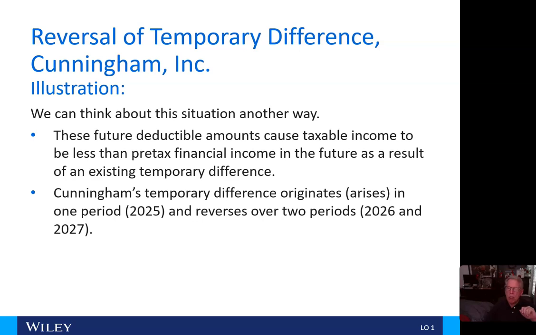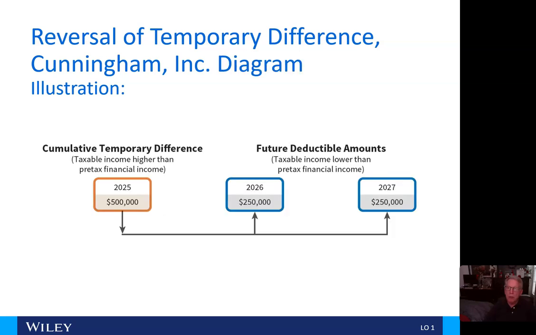And two, Cunningham's temporary difference originates or arises in one period, that's 2025, and reverses over 2 periods, 2026 and 2027. So here, our cumulative temporary difference is $500,000, and then it offsets in 2026 and 2027.